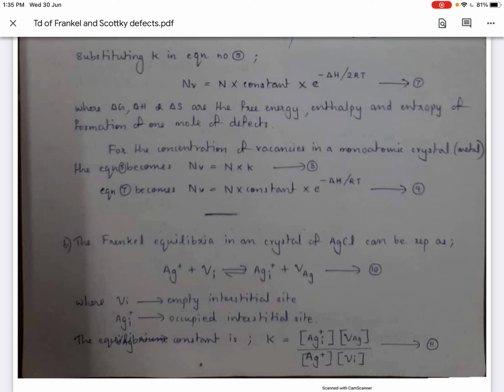That is equation number 7, where delta G, delta H and delta S are the free energy, enthalpy and entropy of formation of 1 mole of a defect.